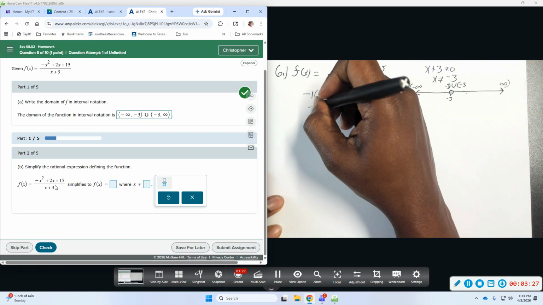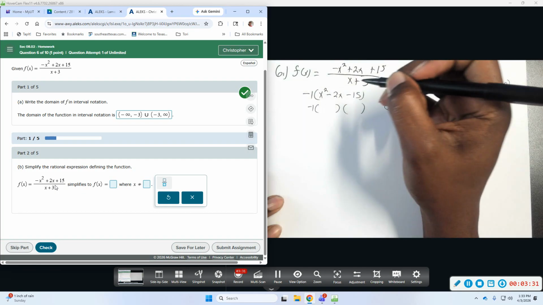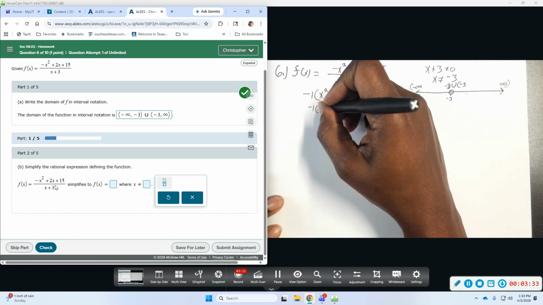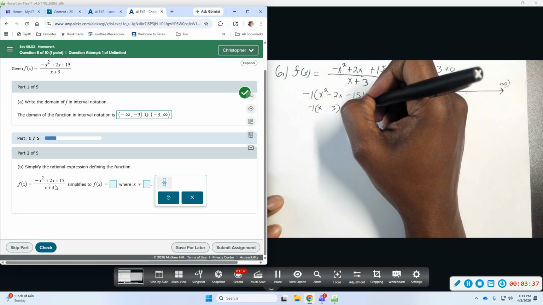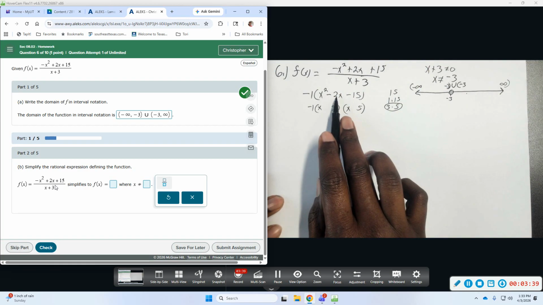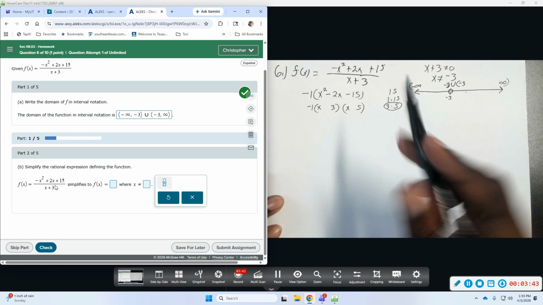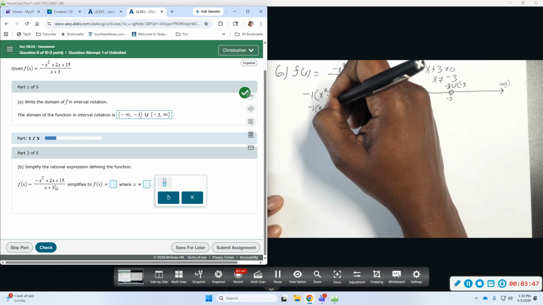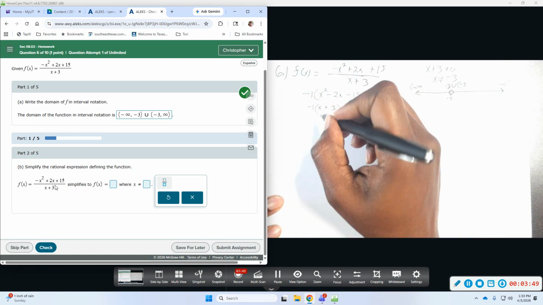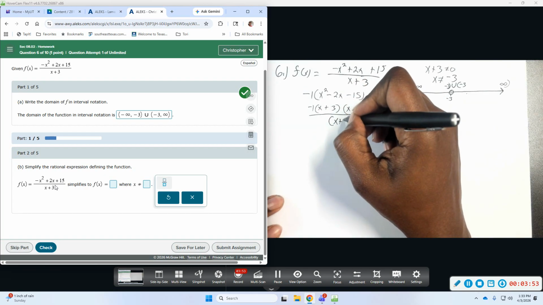So I'm going to leave this -1 outside, do 2 sets of parentheses, and then we'll have the x squared, which is split up, a 3 and a 5. And we want to add these together or subtract them so that we get a -2. So that means the bigger number needs to be negative, and this would have to be a positive. Okay. So this is the numerator now over the x plus 3.